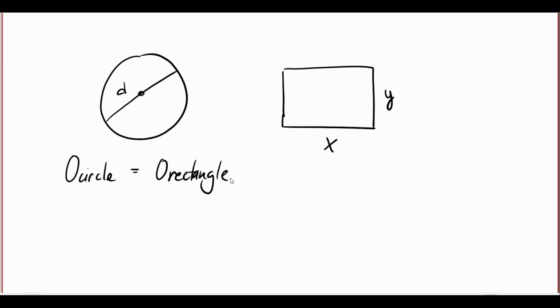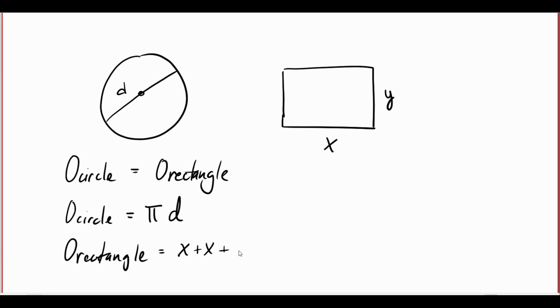So let's express the circumference of the circle. The circumference of the circle is pi times the diameter, and the circumference of the rectangle is x plus x plus y plus y. So we have x here, and y here.